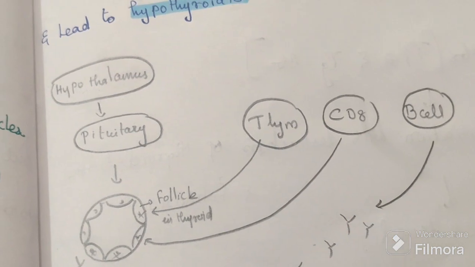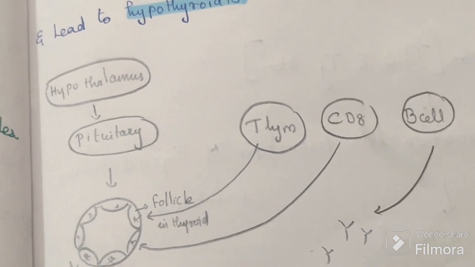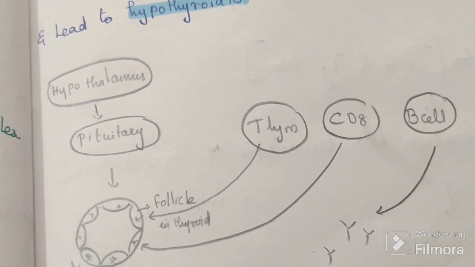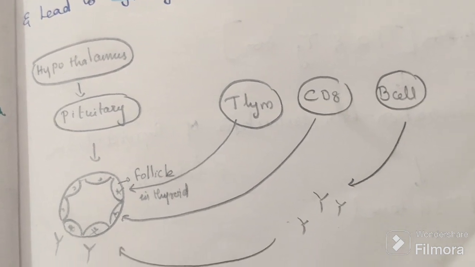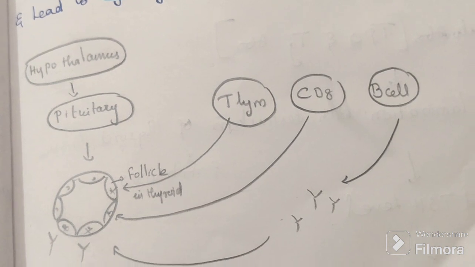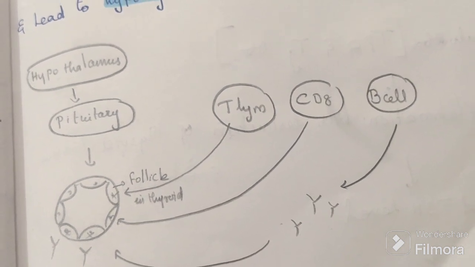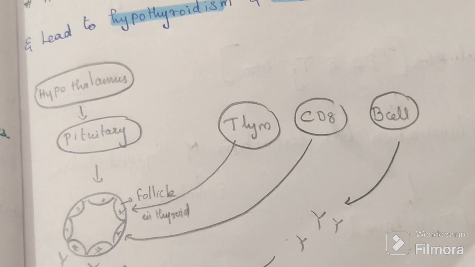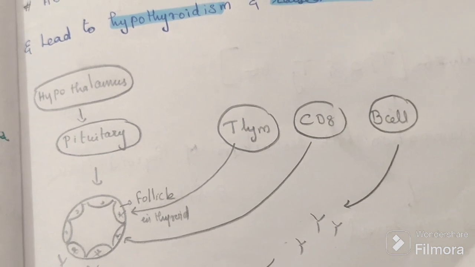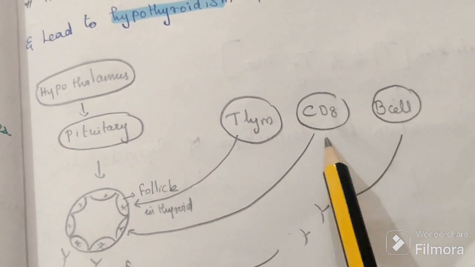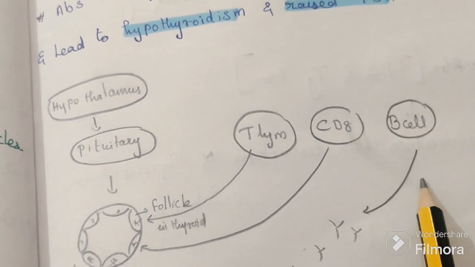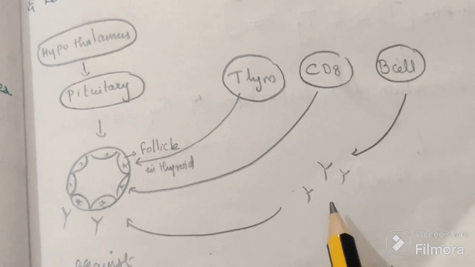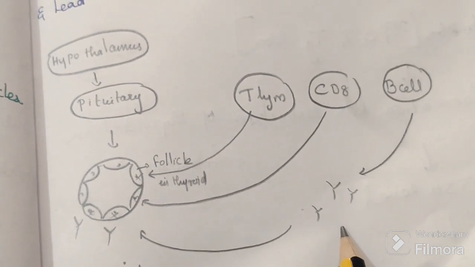They become self-reactive, but due to breakdown of self tolerance, they survive. CD4 cells will come and destroy. CD8 cells will come and destroy. The B cell will not come directly, it will produce antibody.